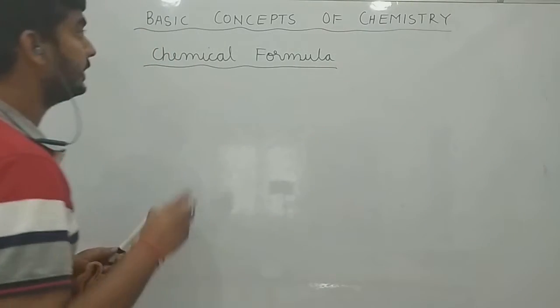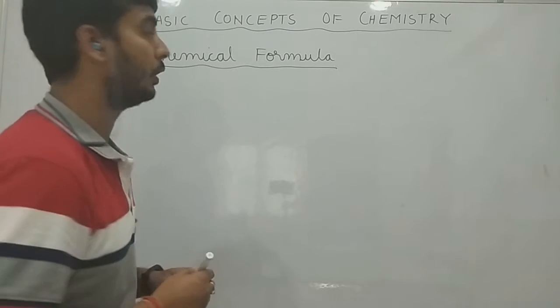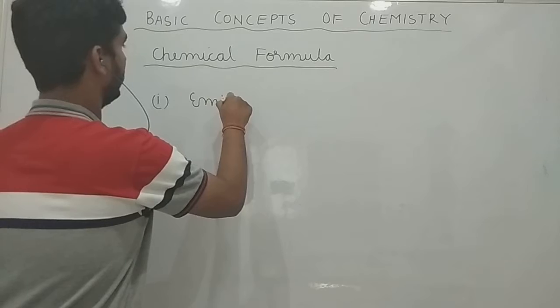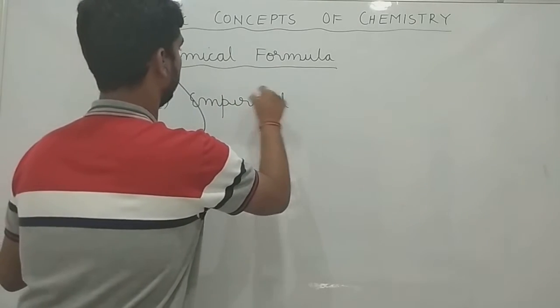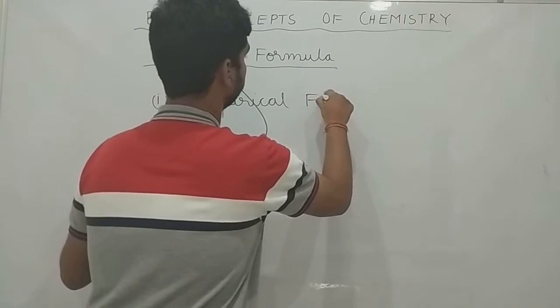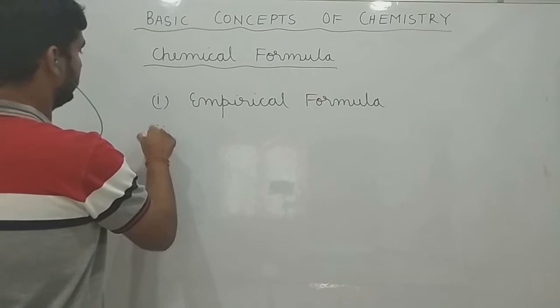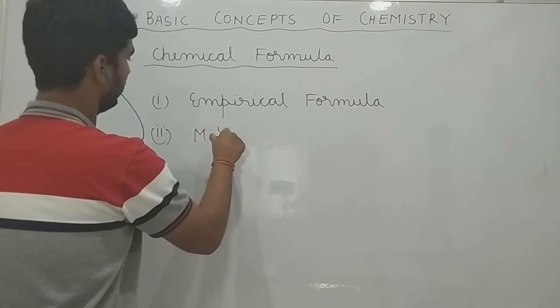So basically there are three types of chemical formula. The first is the empirical formula. Second is molecular formula.